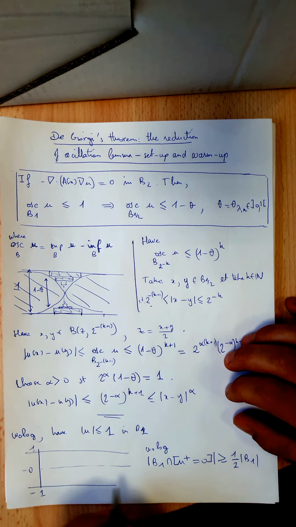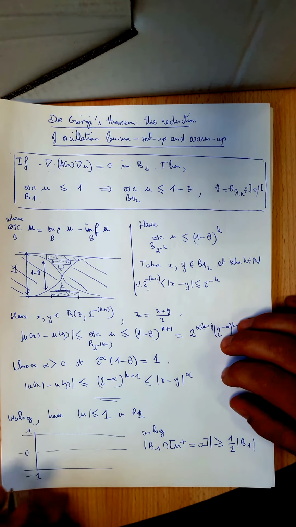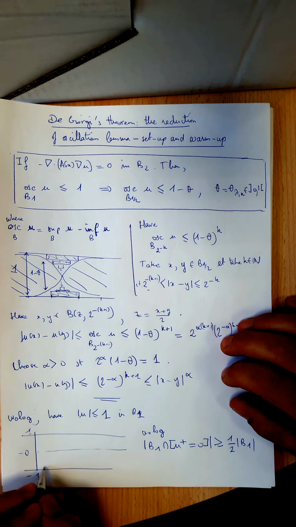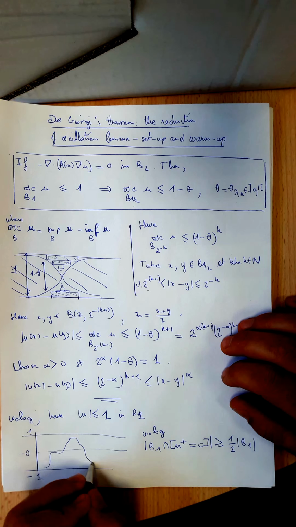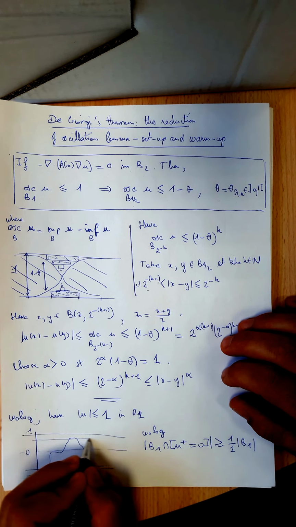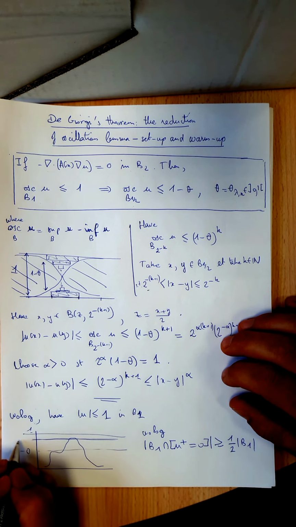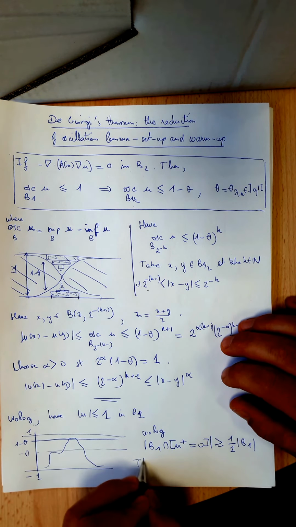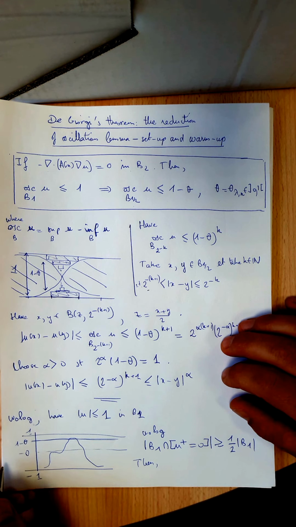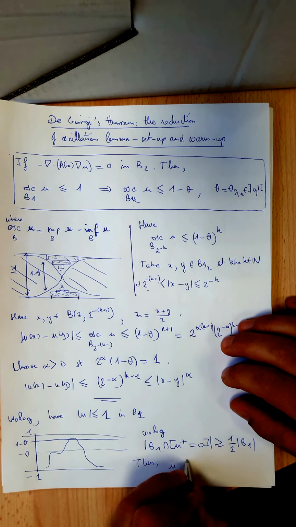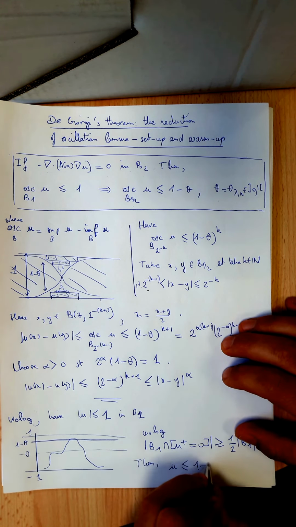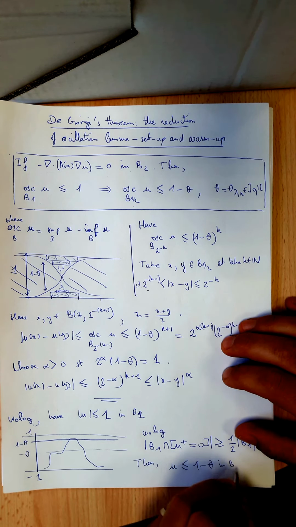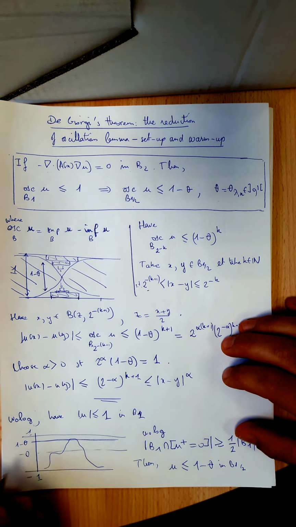And what we want to prove is that in this case, if u stays negative half of the time, then u in fact has to stay away from 1. And the fixed constant 1 minus theta appears here. So what we're going to prove in this scenario is that u is bounded above by 1 minus theta in the ball of size 1/2.